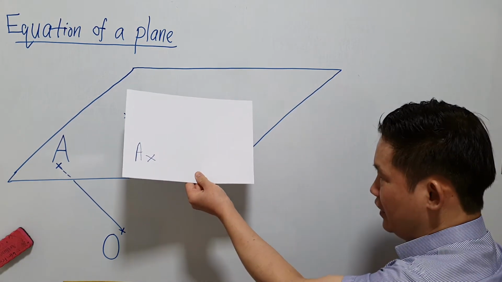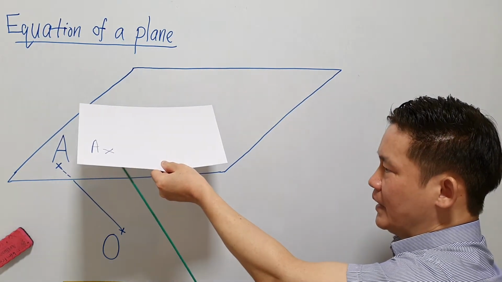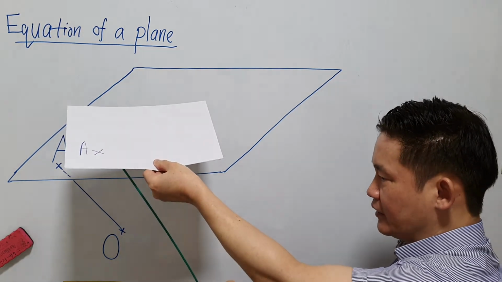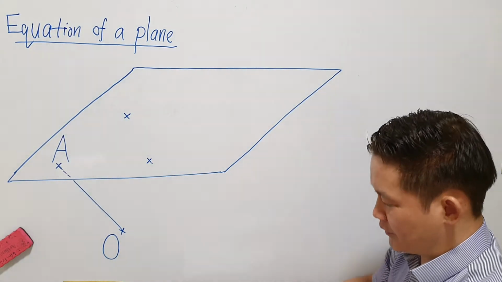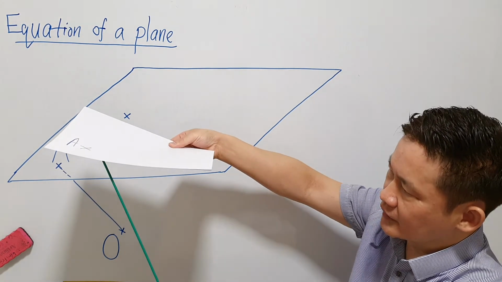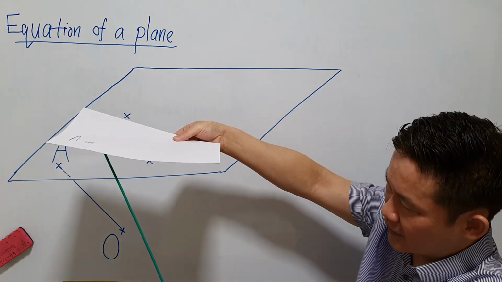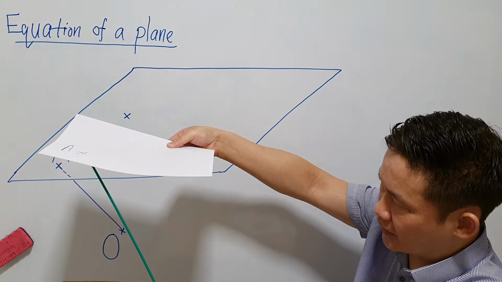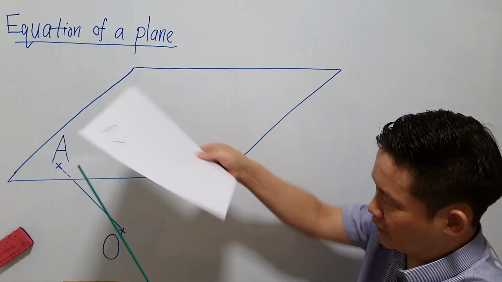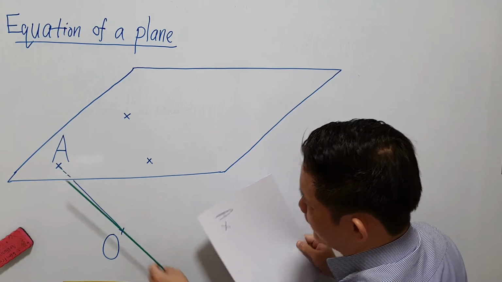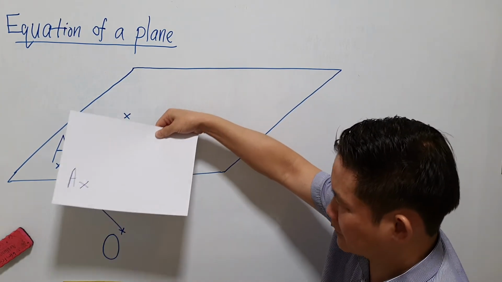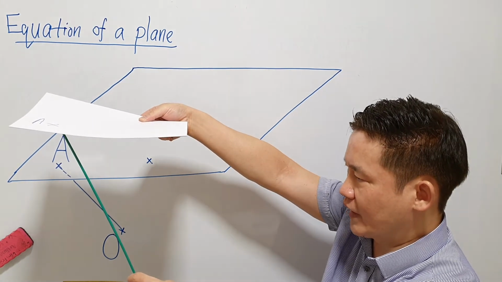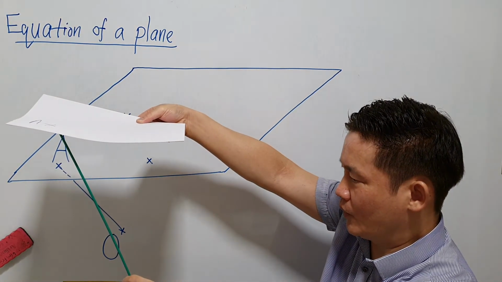This is the point A, and the origin is probably beneath it. So this green stick, can you see its green color? Let me show it again. This green stick represents the position vector OA. You must imagine it like this. This is the position vector OA.